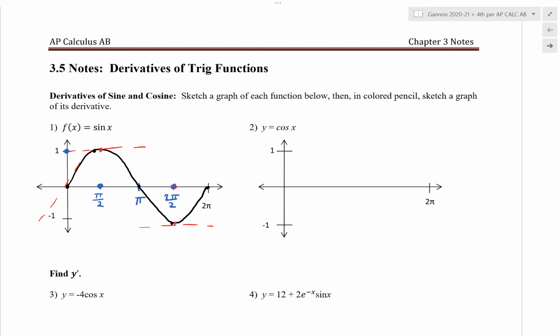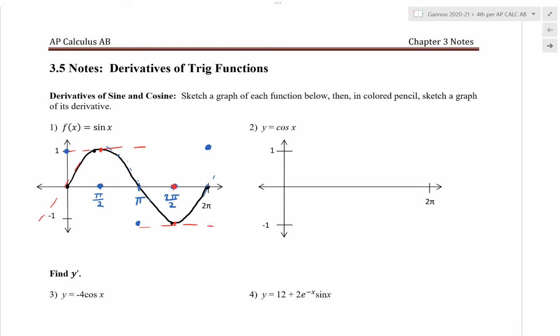Whereas on the other side of that horizontal tangent, those slopes are going to be negative values. They start at 0 and become more and more negative until you get to this point where you're going to have a slope of the tangent line of -1. So it'd come down here, and again, those values are going to stay negative until you get to this point, and then they're going to be positive until you get to this point, which is going to max out at the positive value of 1.